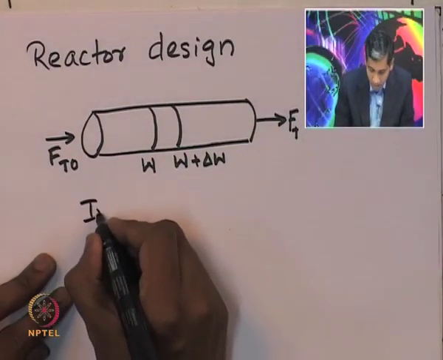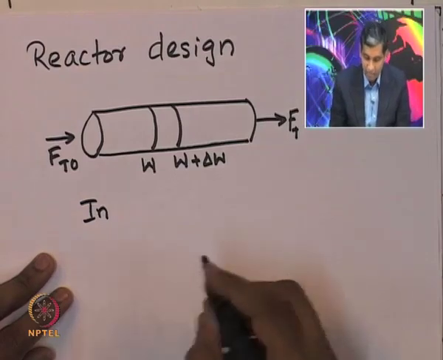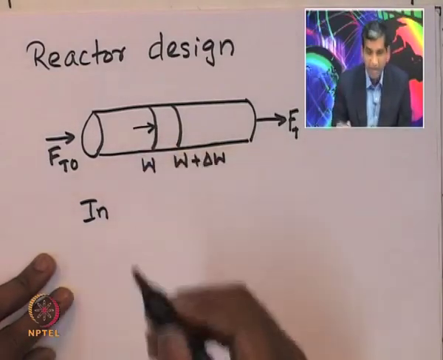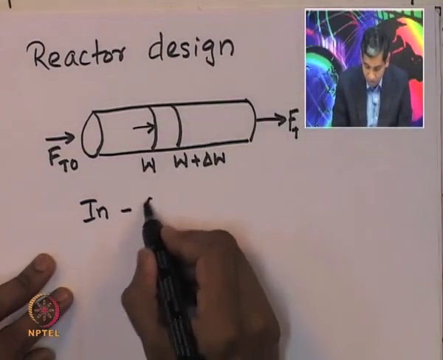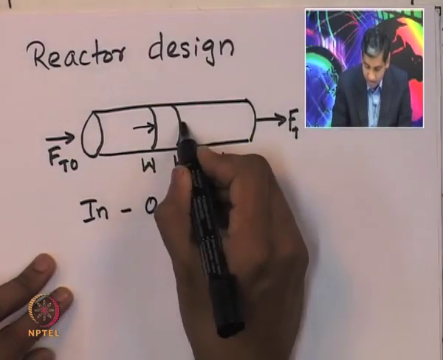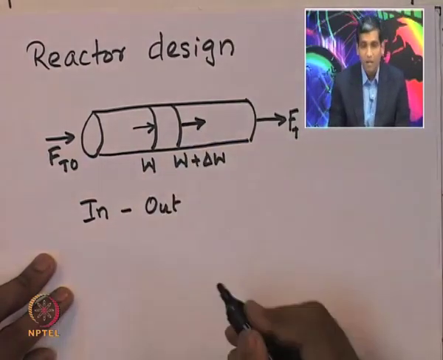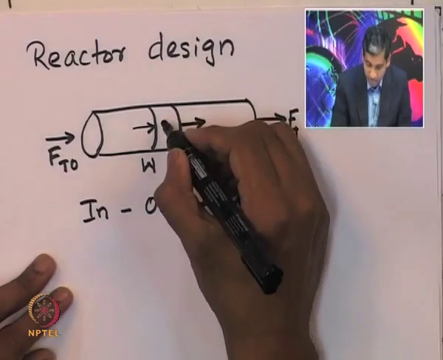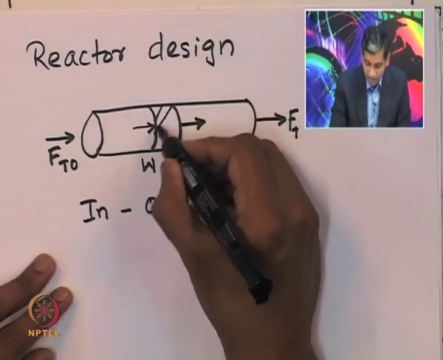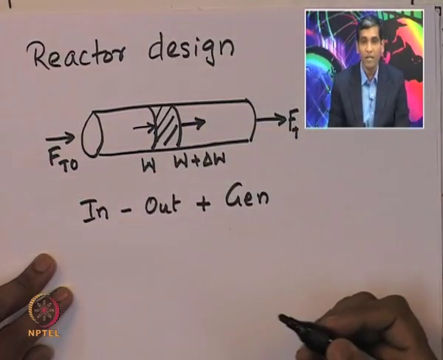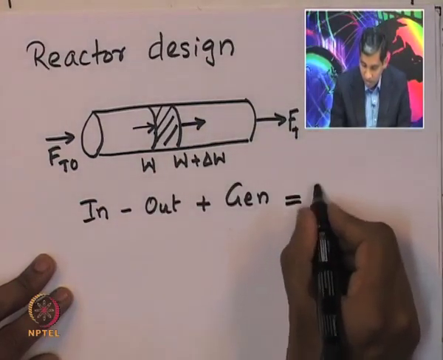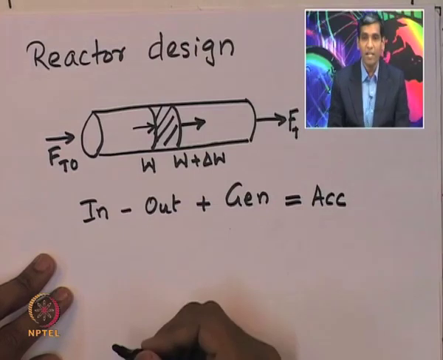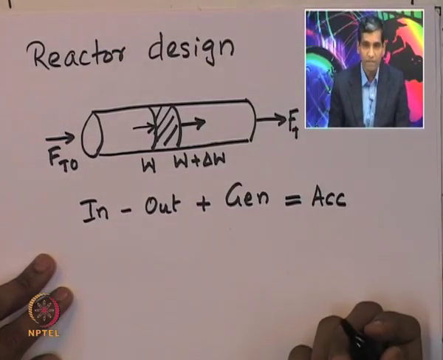So, the mass balance is what enters the element, minus what leaves this element, plus whatever is generated in this element, which should be equal to the amount of material being accumulated in that element.